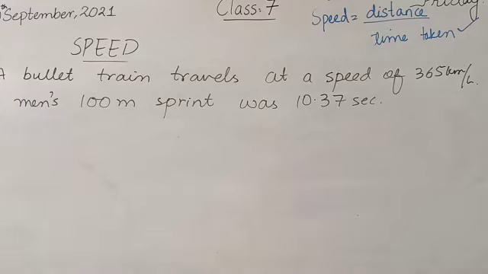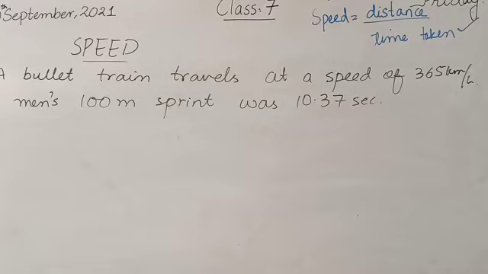Listen to the question again. A bullet train travels at a speed of 365 km per hour. In August 2001, Singapore's national record for the men's 100 meter sprint was set at 10.37 seconds. Okay?